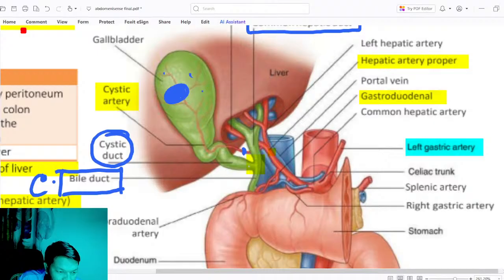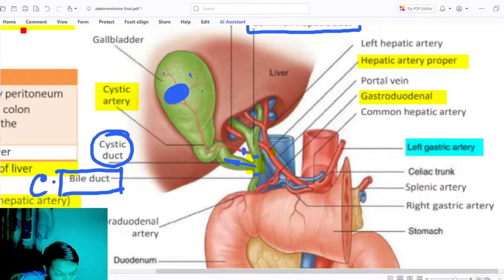Then they make sure that this is the cystic duct. And how do they make sure? Even by mistake they cannot put any clip on the common bile duct or the common hepatic duct.